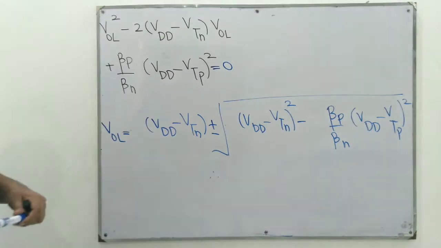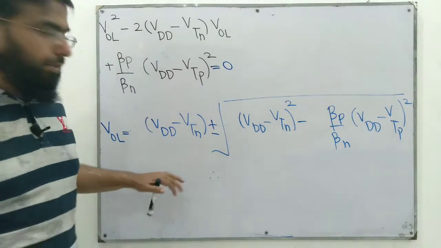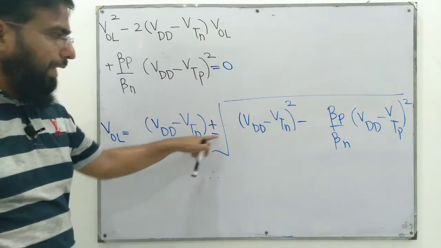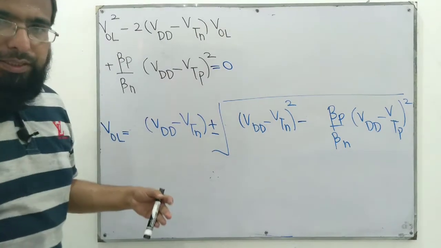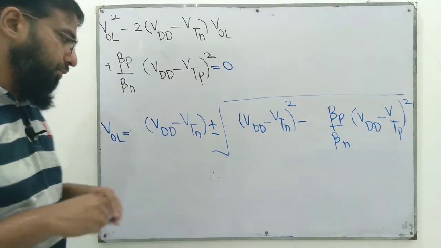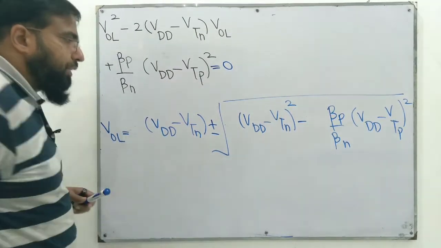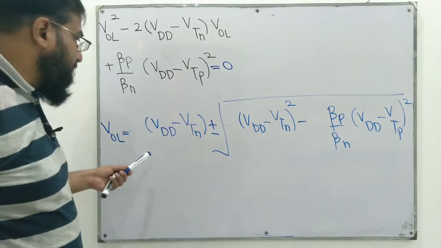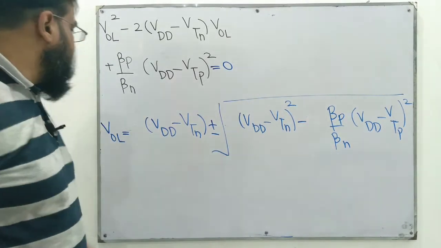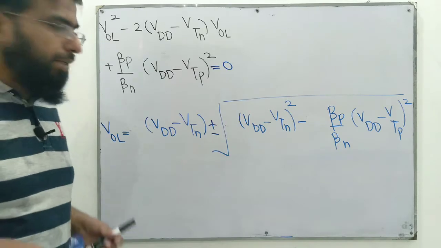It's a very interesting expression because it has two answers, plus and minus. If we add these two, the answer is very large. So it's logical. You can try it at home for different values of VDD, VTN, beta P and beta N chosen from chapter number 8.